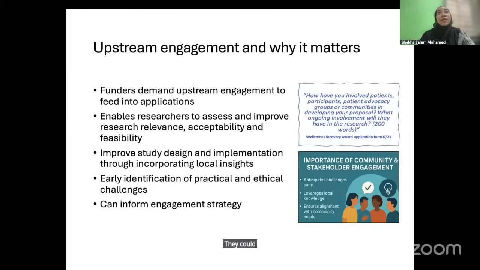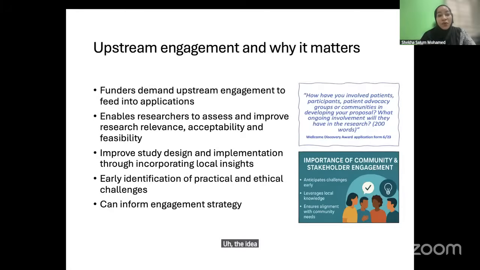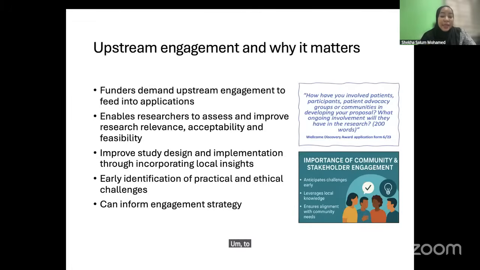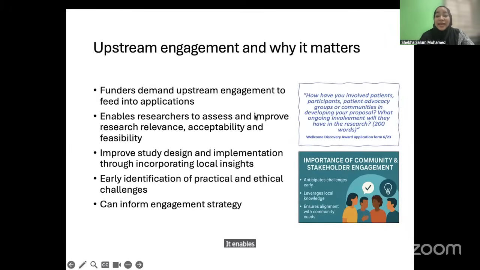They could read something like, how did the community inform, or how did the community help to shape the idea of the research or the idea of the study? This is very important because the engagement enables the researchers to assess and improve research relevance, acceptability, and also feasibility. It also enables the researchers to assess and improve the relevance of that study to that particular community.